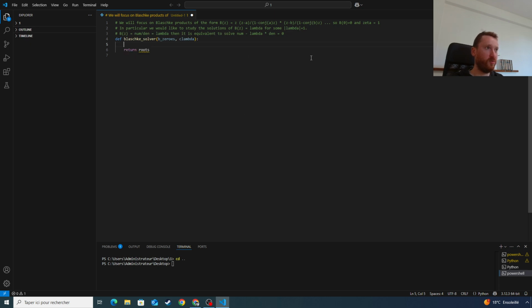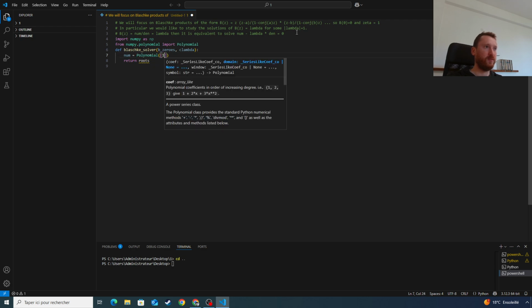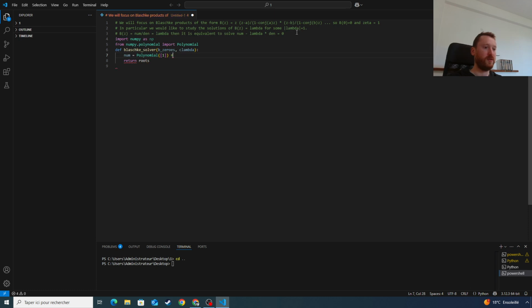First, I will need to import numpy.polynomial. So the numerator is equal to Polynomial(1), so this is p(z) equal 1.